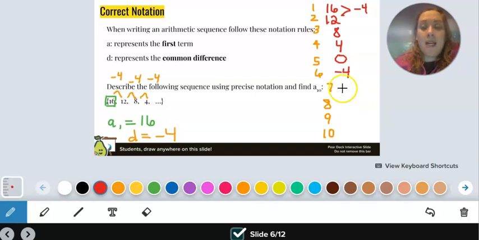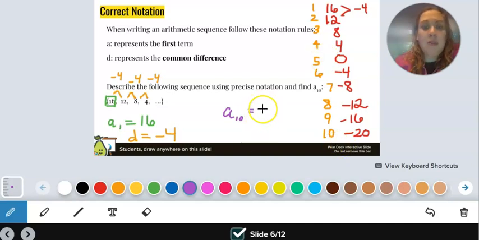Negative 4 minus 4 is negative 8. Negative 8 minus 4 is negative 12. Negative 12 minus 4 is negative 16. And finally, negative 16 minus 4 is negative 20. So our 10th term following this sequence pattern is negative 20.